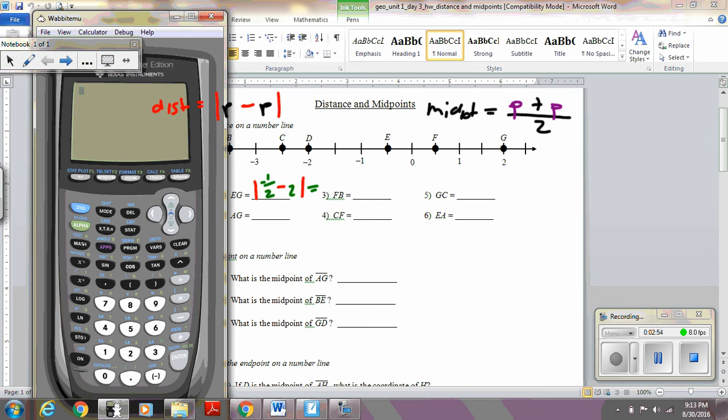It's math, right, 1. And now we type negative 0.5, which is the same thing as 1/2, minus 2. And that's going to give you a positive 2.5.